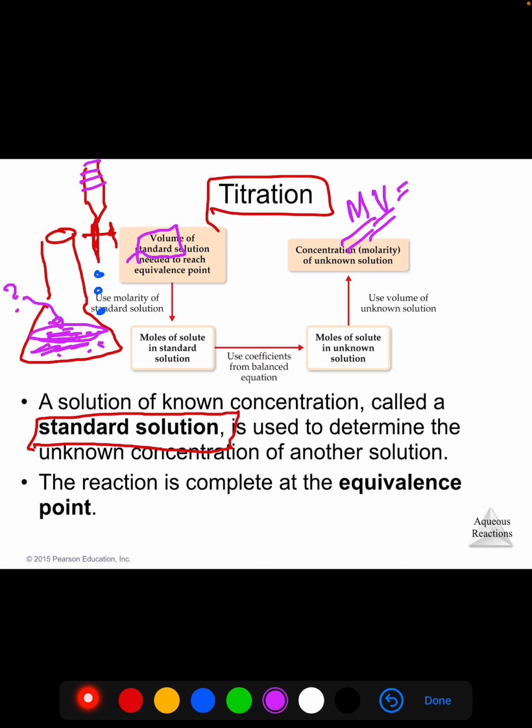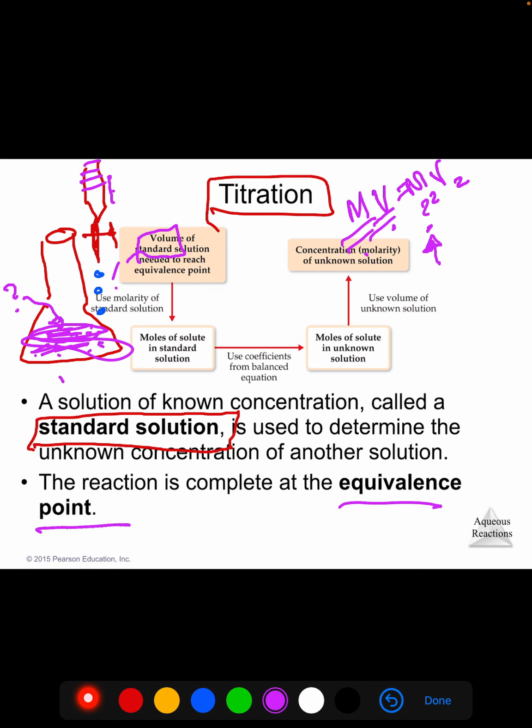We added 25 mils, 250 mils. So we know our volume, and we know the molarity of our standard solution. We don't know the concentration of the unknown solution, but we can know how much we added to neutralize and reach an equivalence point, or how much we added down here. So we know our volume.